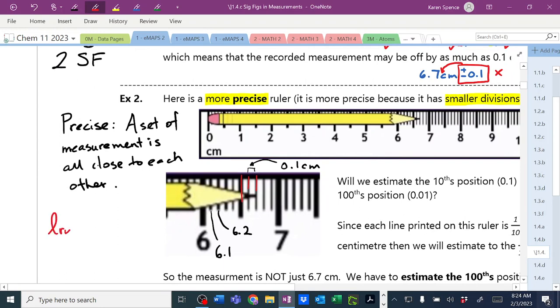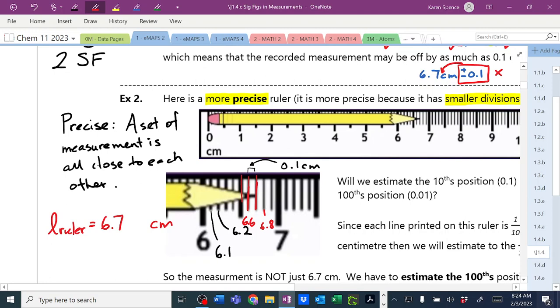So length of ruler equals 6.7. Now, if I was to just stop right there and write centimeters, I would not be correct because I'm not uncertain about that 7. I'm sure that this measurement is not 6.6. I'm sure that it is not 6.8.